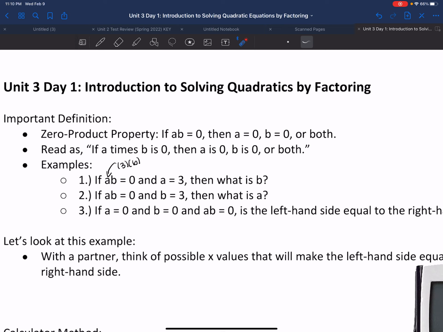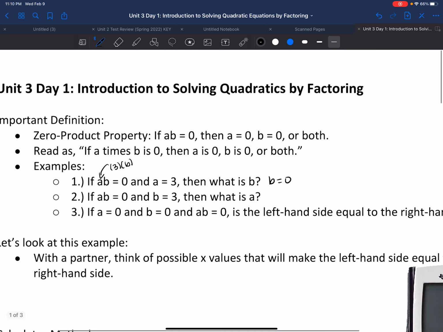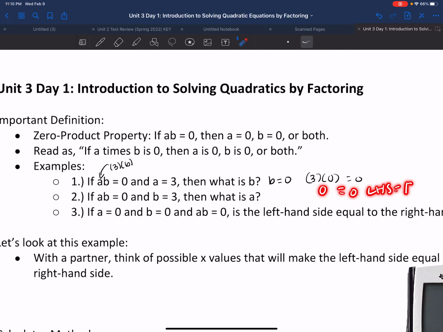What can this letter be to make this other side 0? Well, we can say that B is equal to 0, because I can replace this B and say 3 times 0, which is equal to 0. And that's true, 3 times 0 is 0, so 0 is equal to 0. The left-hand side is equal to the right-hand side, which is true.